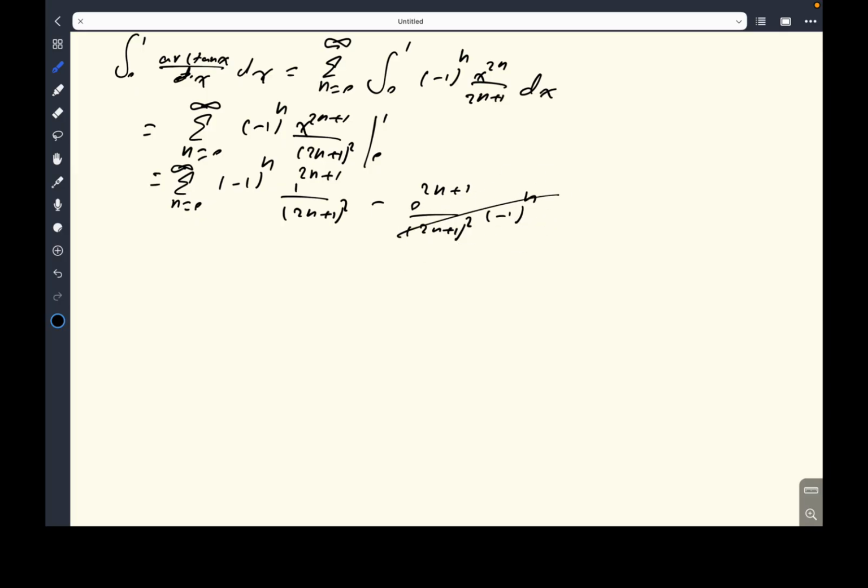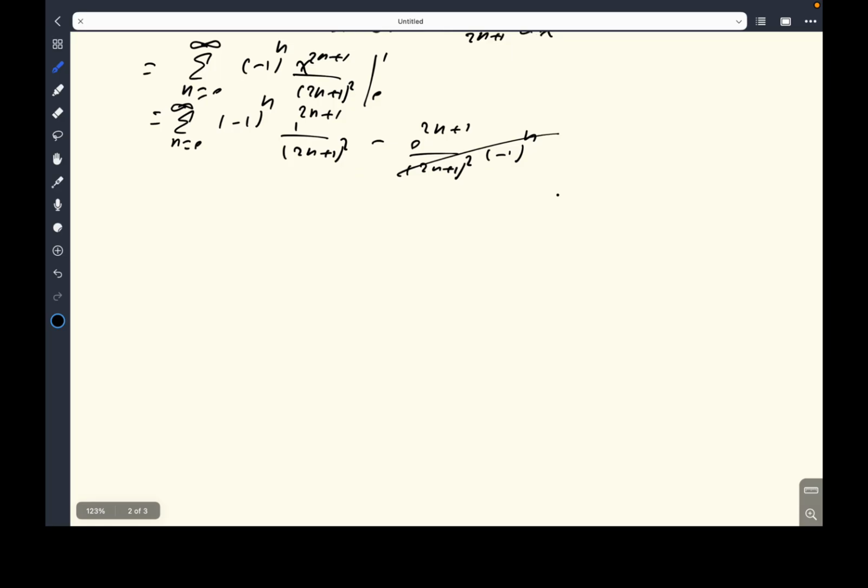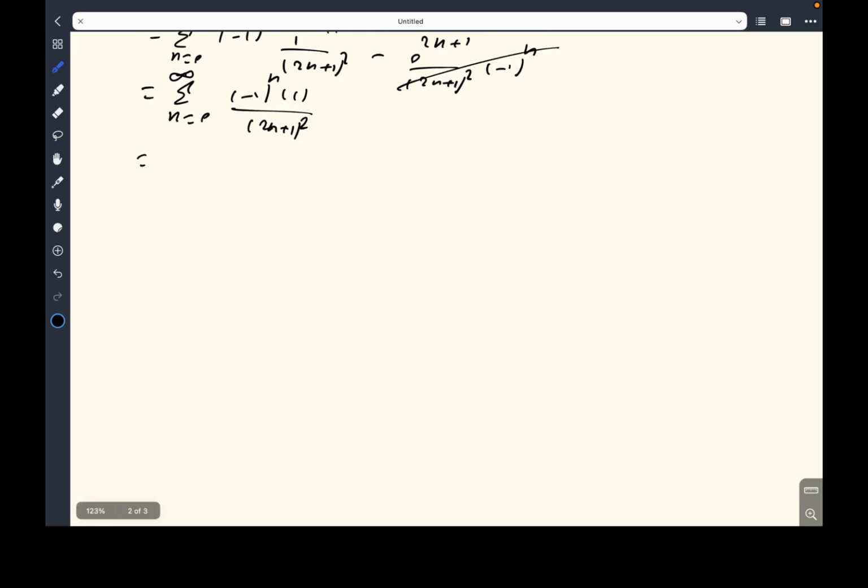This is going to go down to 0. 0 to any power is 0, and 1 to any power is 1. So it's going to be the sum from n equals 0 to infinity of negative 1 to the n times 1 over 2n plus 1 squared. Now it's going to be the sum from n equals 0 to infinity of negative 1 to the n over 2n plus 1 squared.